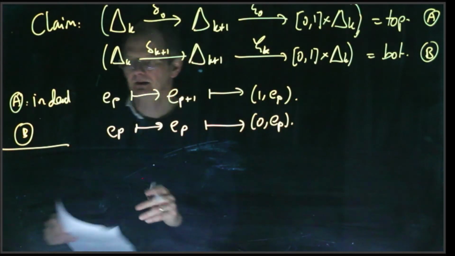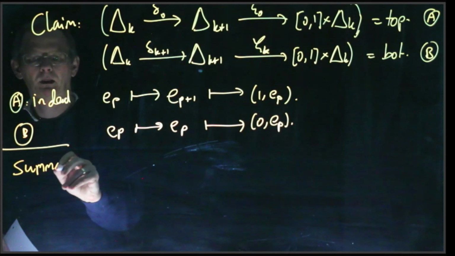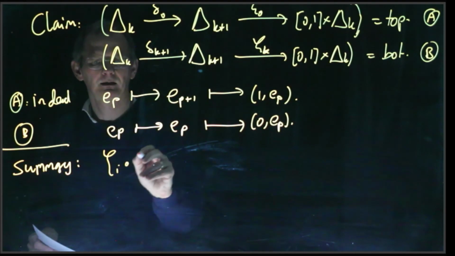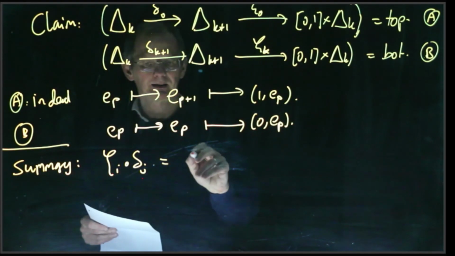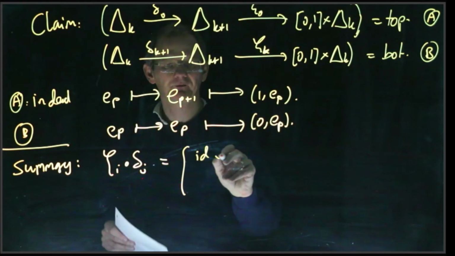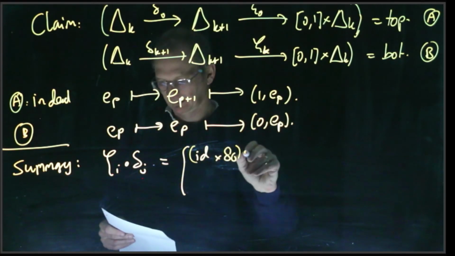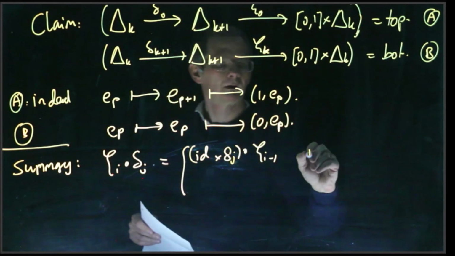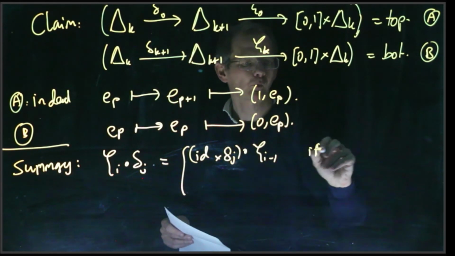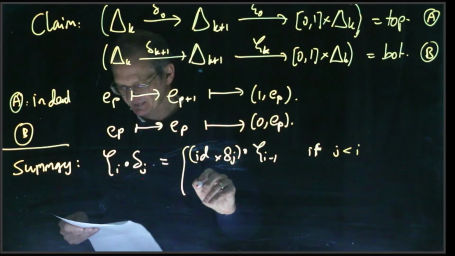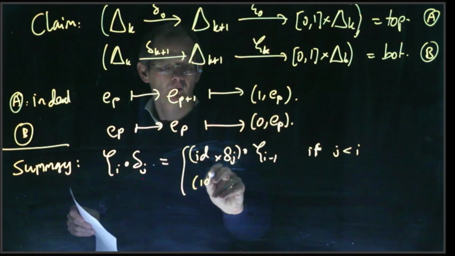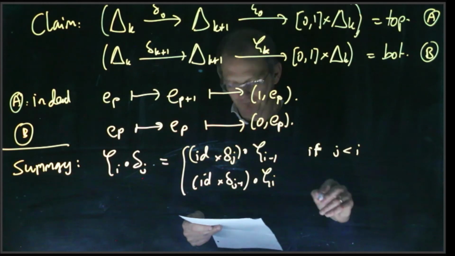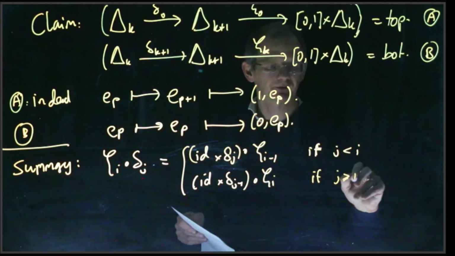So let's just summarize. Zeta I composed with delta J is going to be identity cross delta J composed with zeta I minus 1, if J is less than I. And it's the identity cross delta J minus 1 composed with zeta I, if J is at least I plus 2.